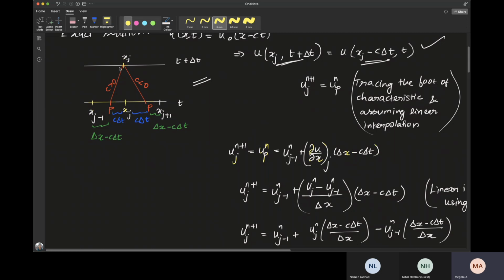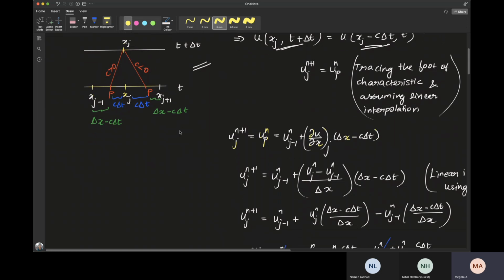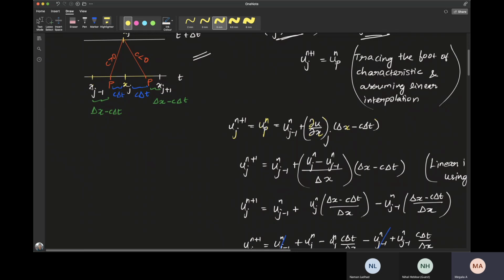So let's see what kind of a scheme we get using this approximation. Just being inspired from the exact solution, we are finding a numerical solution. So u at j, n plus 1 will be equal to up at n, but up at n is not known. So for that we are doing a numerical approximation using the values of u at different points, j minus 1 and j. This is where the numerical part comes in, wherein we do some approximation to find up at n.